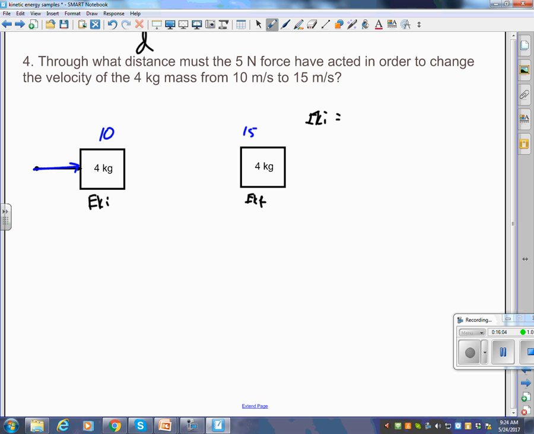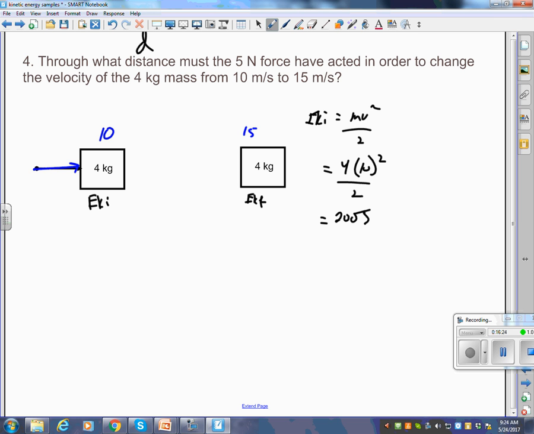So EKI is mv squared over 2. You can probably do it on the paper there without even looking up. Mass is 4. Initial velocity is 10 squared. 10 squared is 100. 200 joules of kinetic energy to begin with.